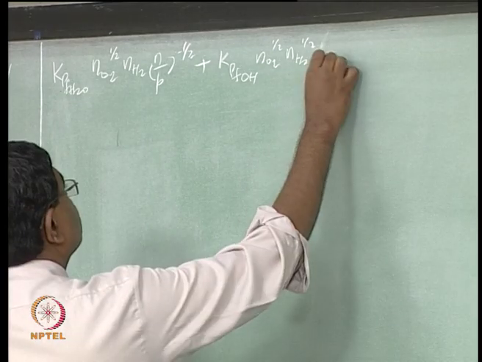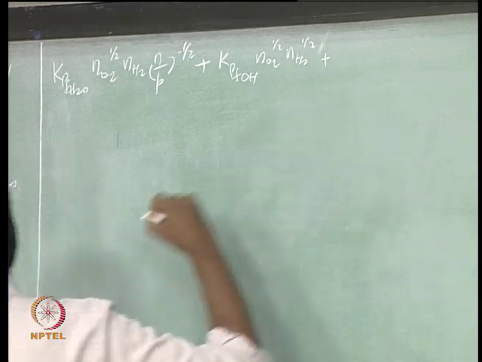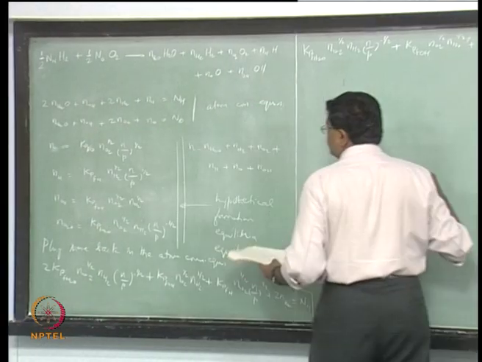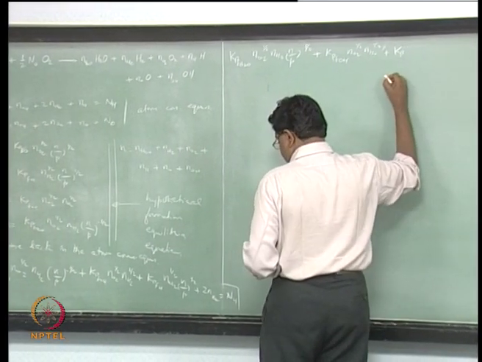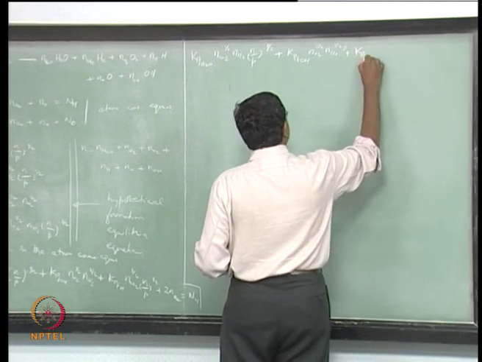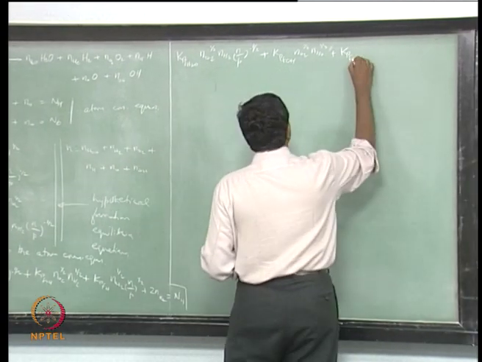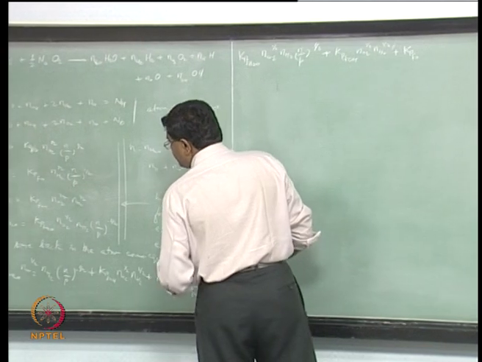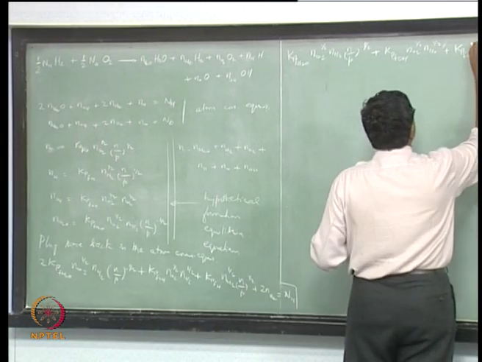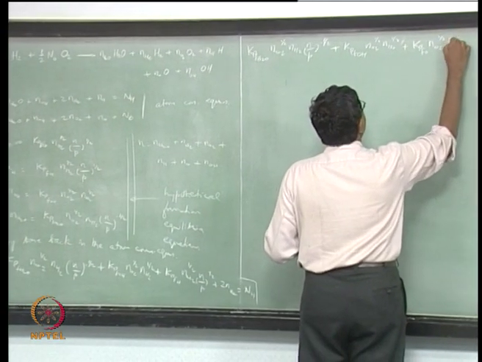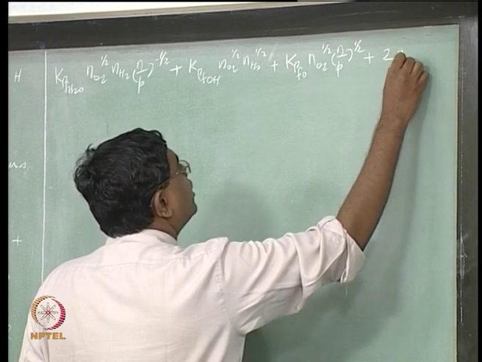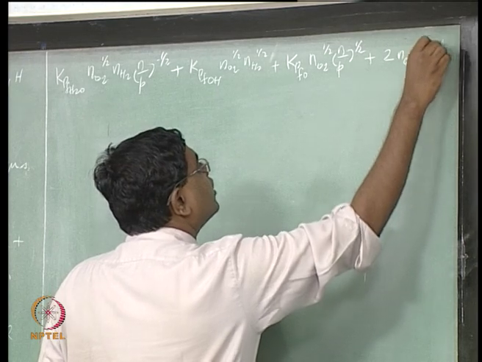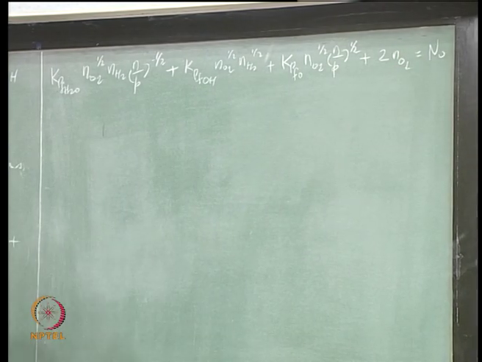Plus then we write for NO, so KPFO NO2 to the half N over P to the half plus 2 NO2 equals capital NO, right.